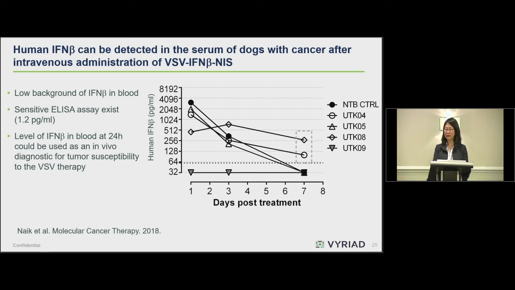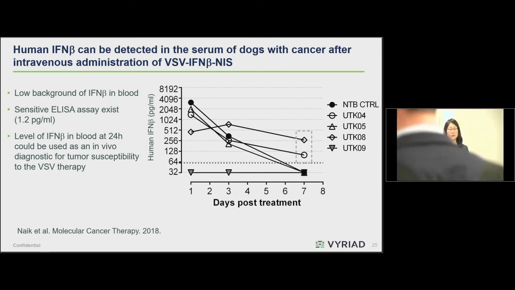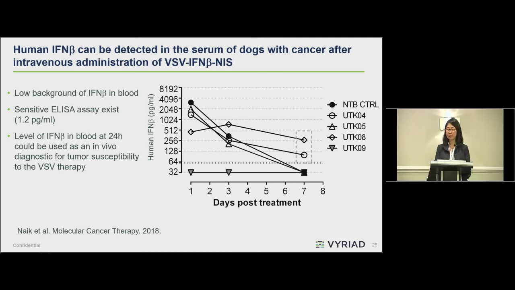Shruti Naik led that study in which pet dogs with cancer enrolled on veterinary clinical trials and were given the VSV virus, and you can see the human interferon beta that's encoded in the virus, and not the canine interferon. You can measure good expression levels that decay over time as the virus-infected cells die off. But in some of these dogs, there is still persistent good viral expression in the tumors.